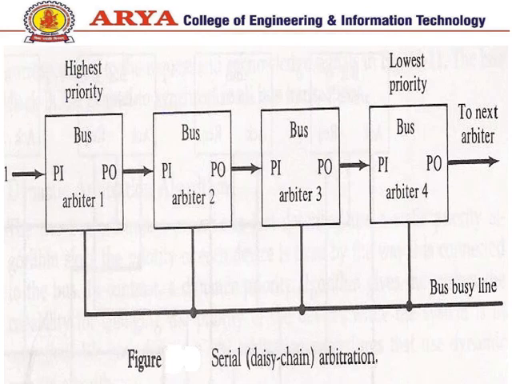Serial arbitration means daisy chain arbitration. There are four devices: arbiter first, arbiter second, arbiter third, and arbiter fourth, according to highest priority to lowest priority. These are connected by the bus.